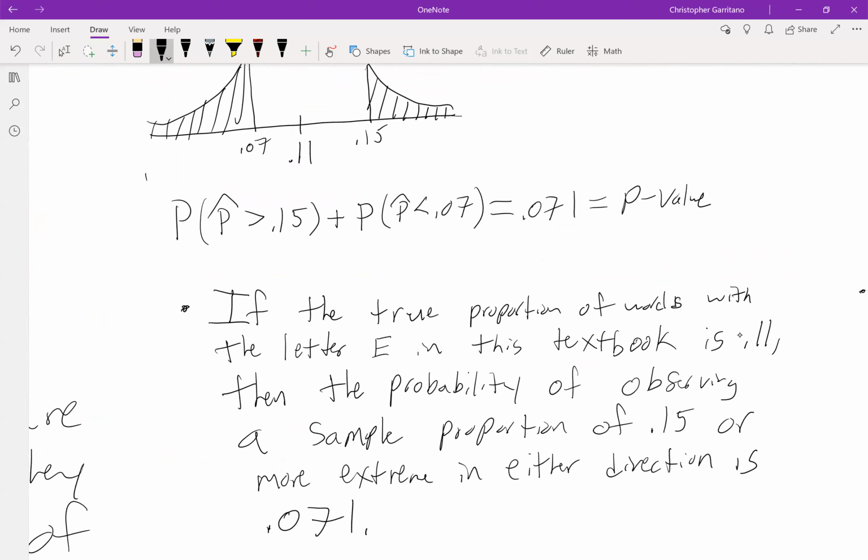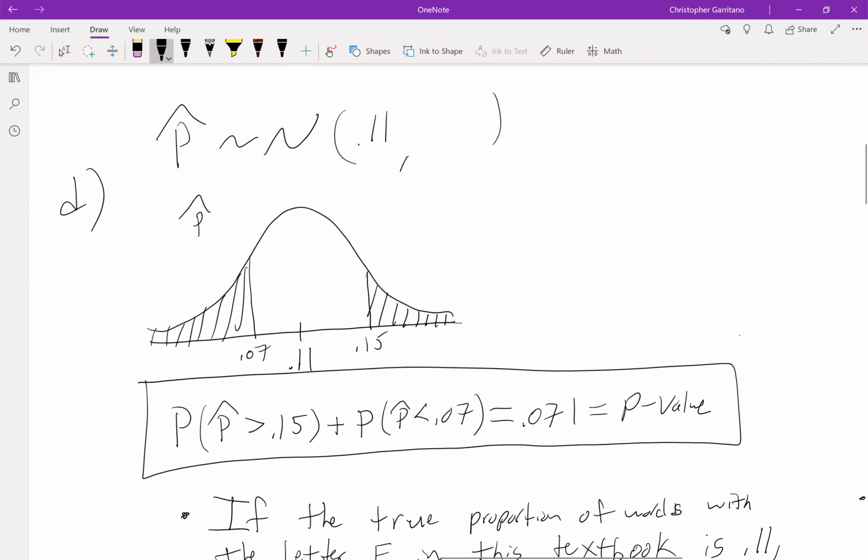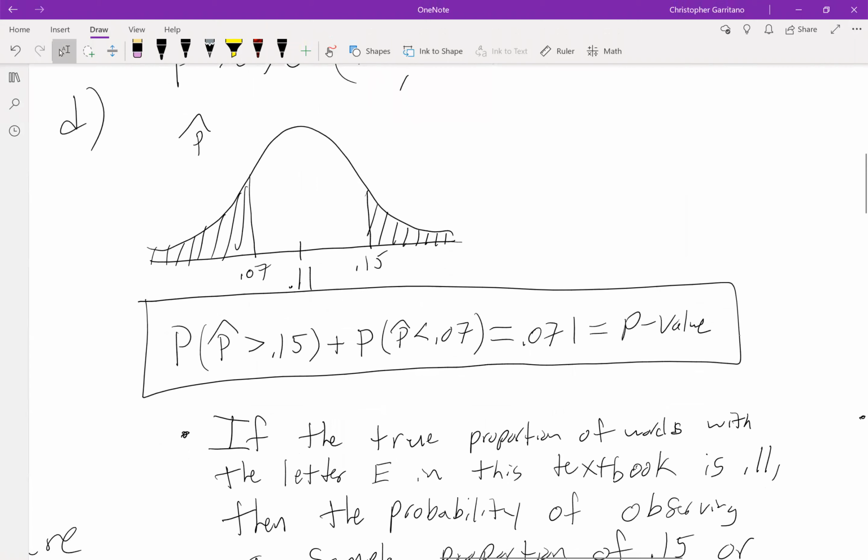For the p-value in Part D, we asked ourselves, what is the probability that p hat is greater than 0.15, or the probability that p hat is less than 0.07? Right? And when we had our normal distribution, it was pretty easy to do that. You can use normal CDF. But with our simulation, we don't have the complete sampling distribution. So we have to use what we have.